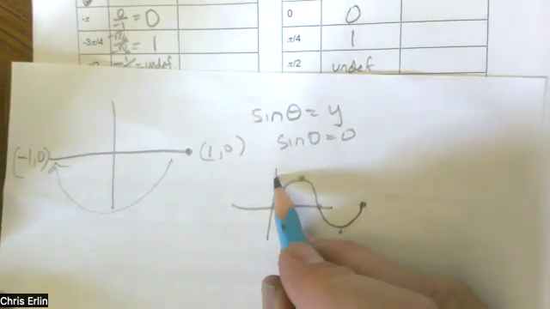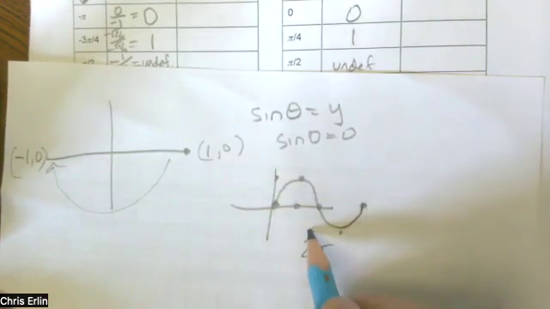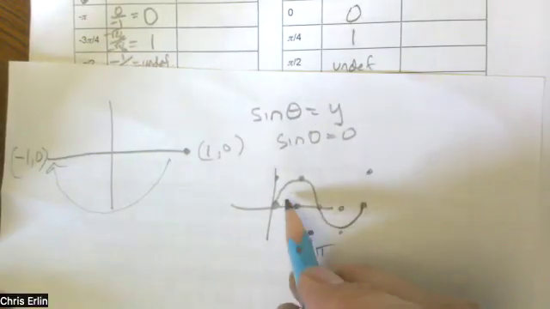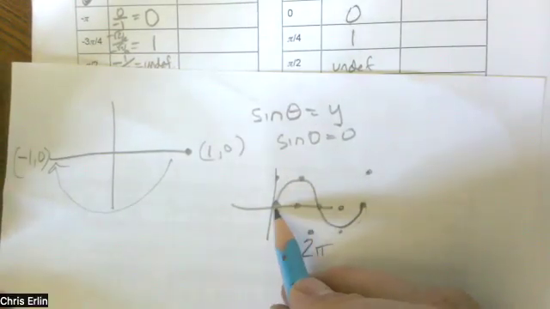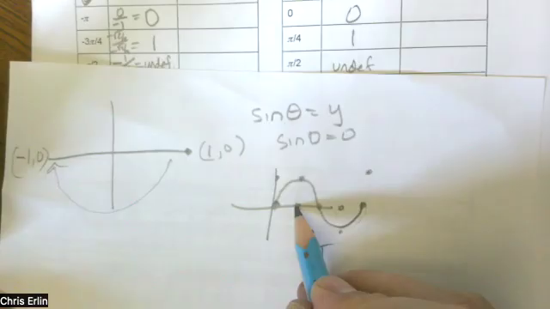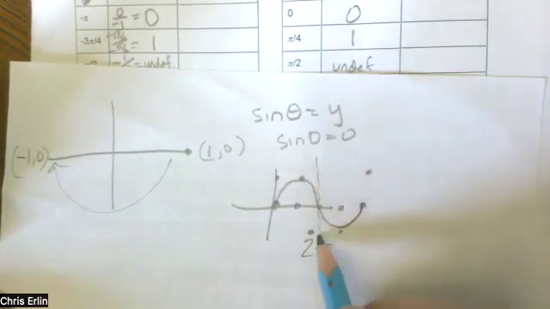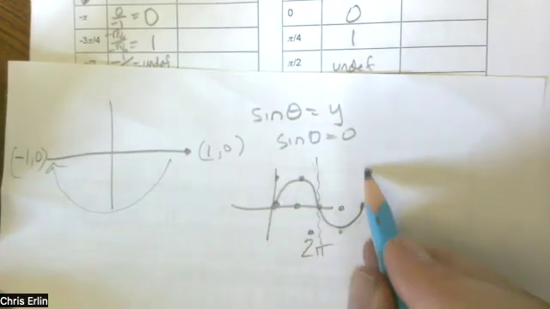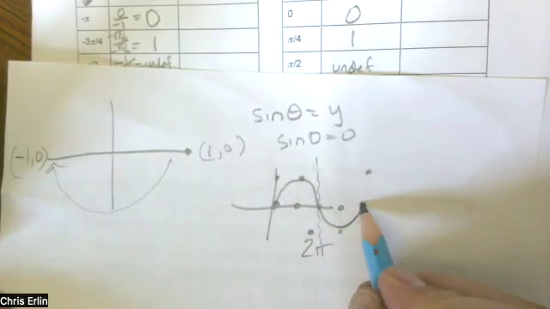When we do the cosine function, what we're going to find is we get our 0 here, we get our 1 here, we get our undefined here, and then we get our negative 1, and then we get our 0 again.